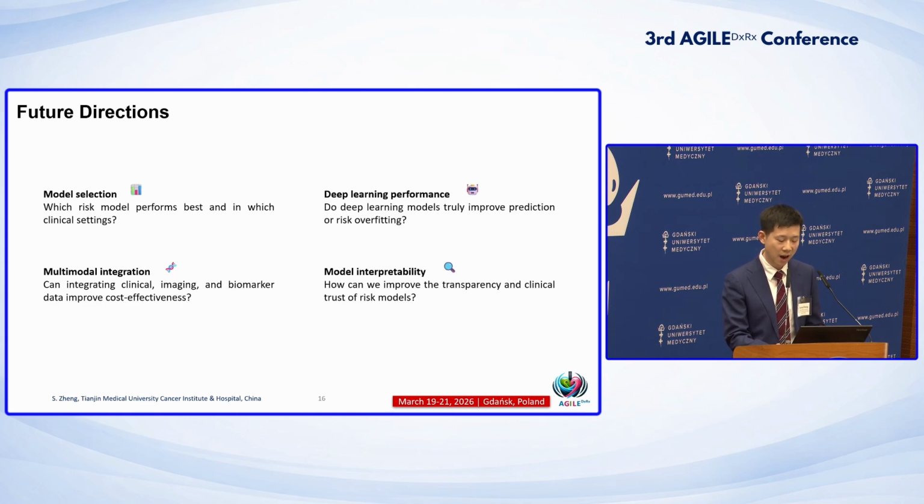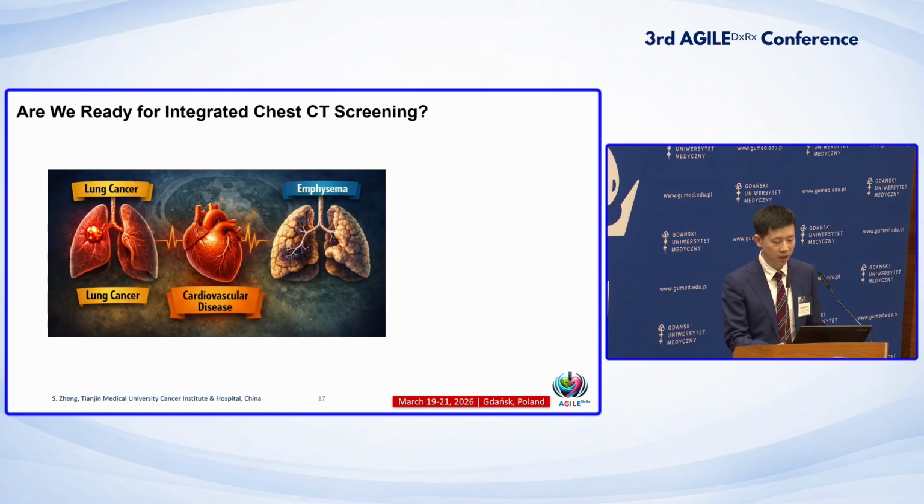It helps us to find some underlying biomedical mechanisms for the models. So there are still a lot of steps that we need to do further for lung cancer screening.